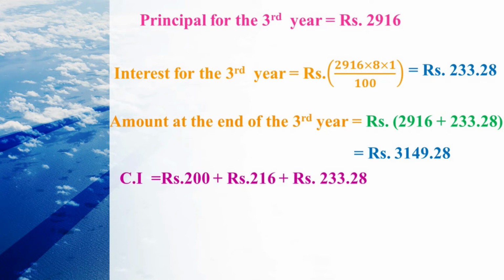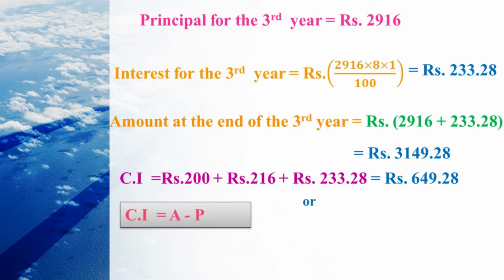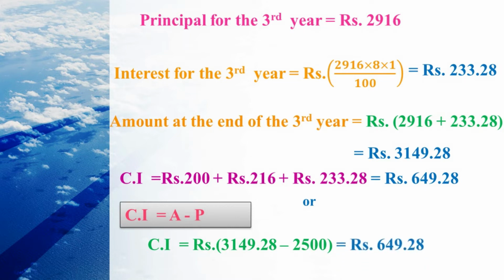Therefore, compound interest is equal to rupees 200 plus rupees 216 plus rupees 233.28, which is equal to rupees 649.28. Or compound interest is equal to amount minus principal. Amount is 3149.28 minus principal 2500. The answer is rupees 649.28.